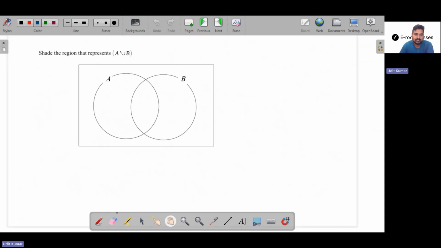Now in this problem, it says A complement union B, right? So what is A complement? A complement means not A, and again you name the regions A, B, C, and this is D. So not A means, again, C plus D. And union B. So what is B? B means B plus C. Now you have to do the union, right?